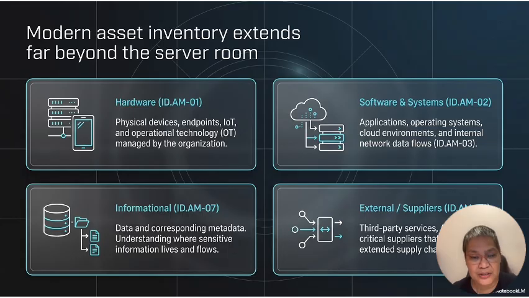Are they all iOS? Are they Linux, right? So understanding what kind of operating systems we have and what our cloud environments are. So we have to draw out that blueprint, right? We have to draw out the blueprint of what that looks like. Because that allows us to determine how data is flowing across the organization, right? So that's hardware and software, right? So we know what physical devices. We also know what type of applications and operating systems.